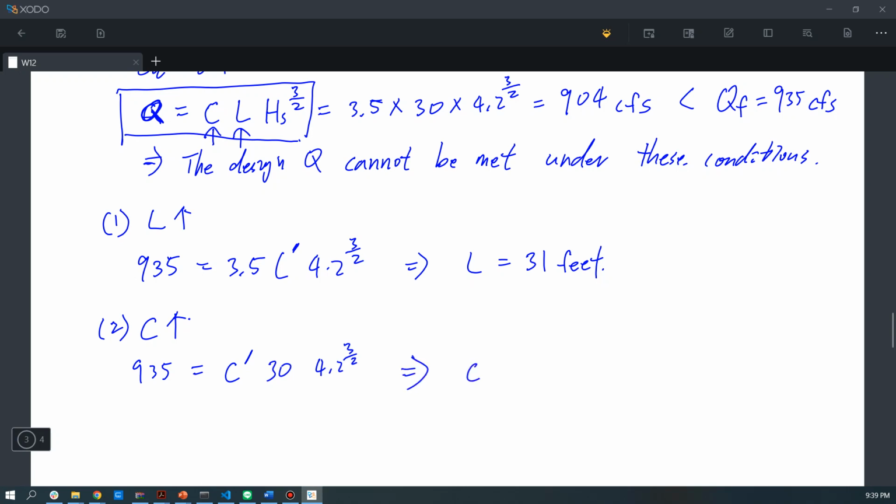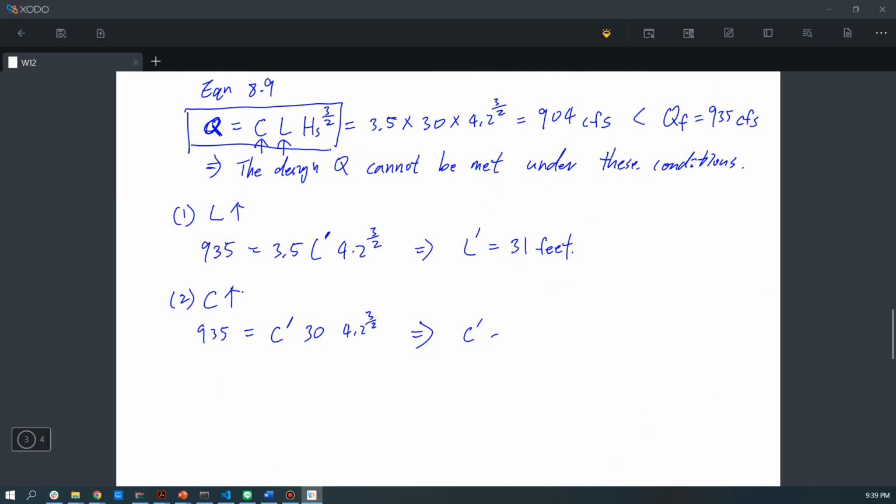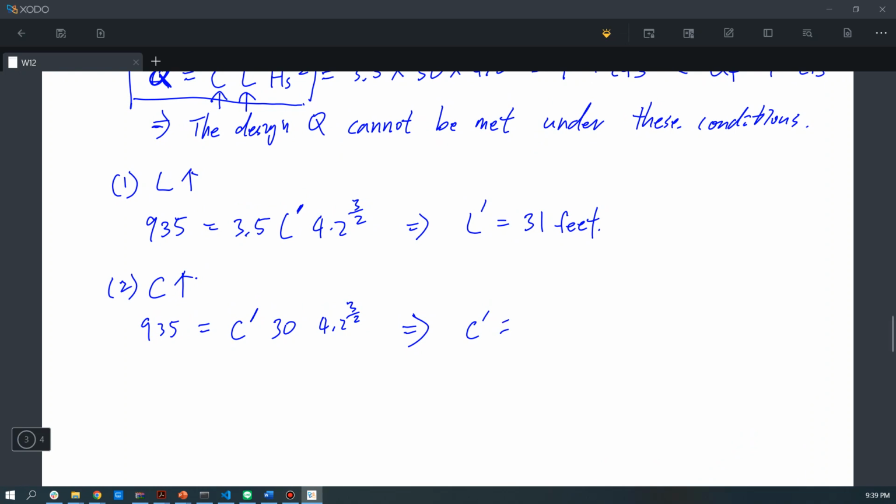Then we can get that the C prime is equal to 3.62.